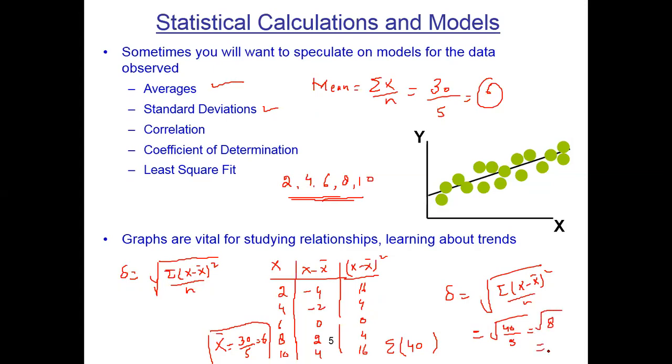The root of 8 equals 2.24 something. This is actually the dispersion from the average value. If our average value is 6, then we write x average plus or minus standard deviation divided by root n, where n is the number of data. So this is actually the error factor.